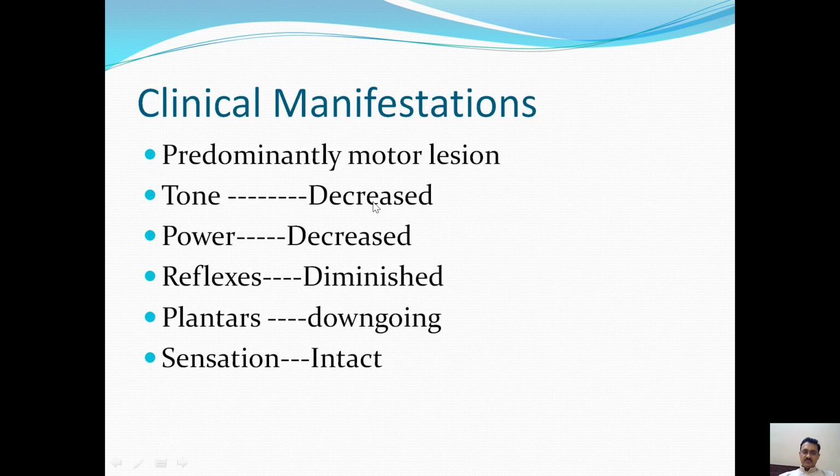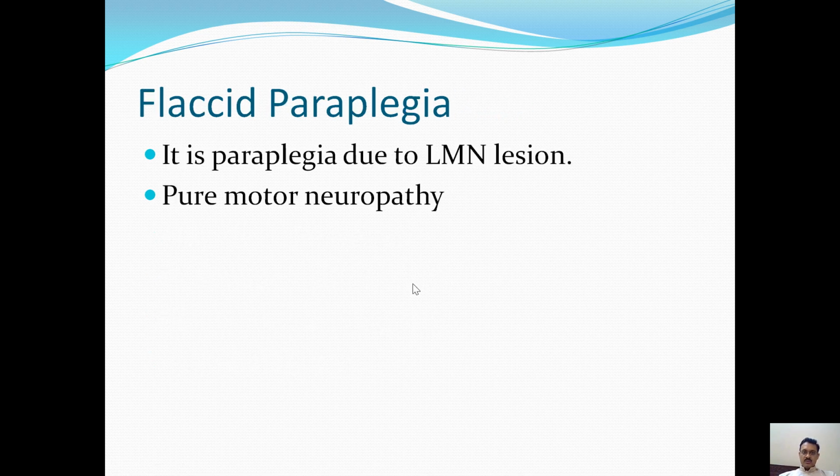Tone is decreased, power is decreased, reflexes are diminished, plantars are downgoing, sensations are intact. So this is probably a pure motor neuropathy, a pure motor lesion. So it is a paraplegia or a quadriplegia, because upper limbs are also weak, quadriplegia due to a lower motor neuron type of lesion, or this is probably a pure motor neuropathy.